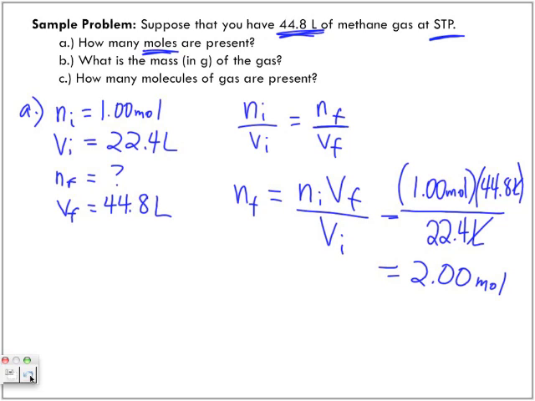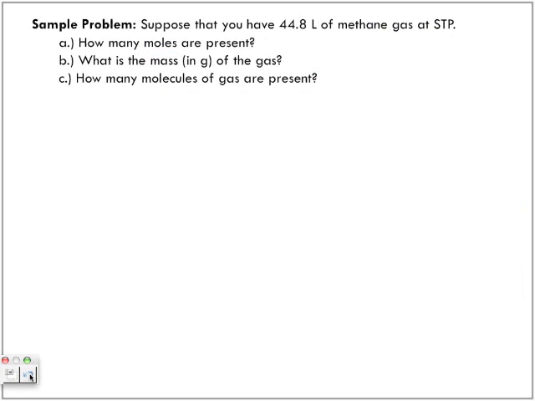Which means the number of moles that we started with, 1 mole, increased to 2 moles. We'll keep that answer, 2.00 moles, to help us out for the later questions. So let's put that in here, 2.00 moles.